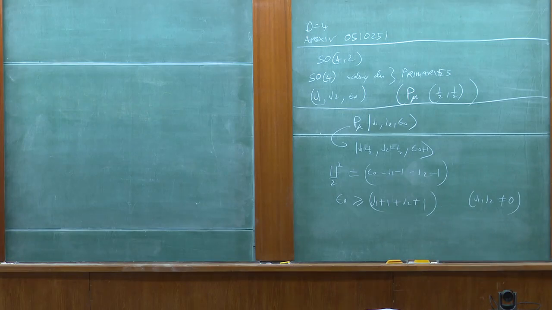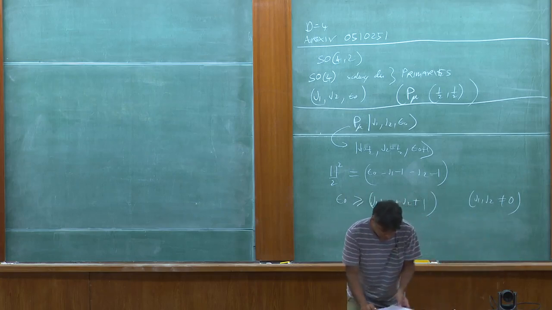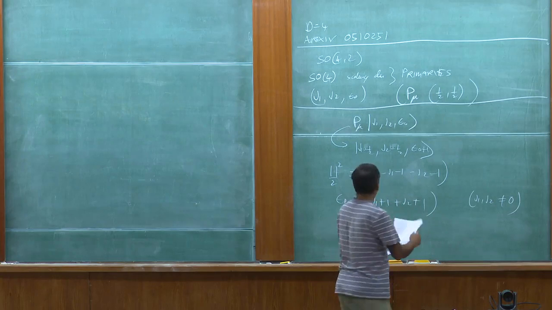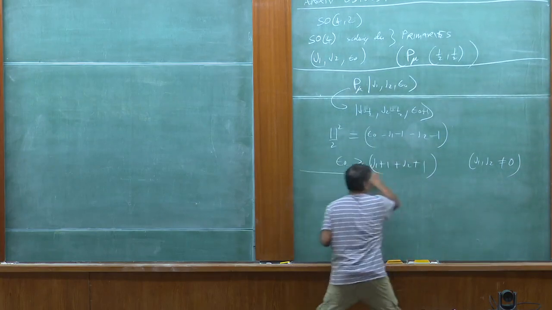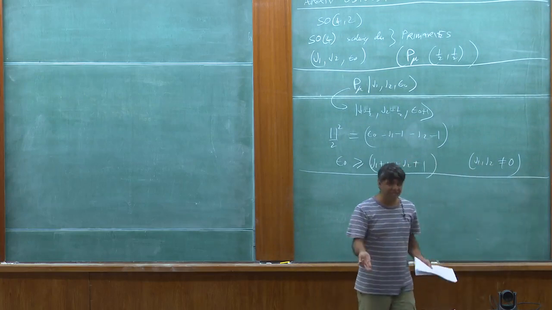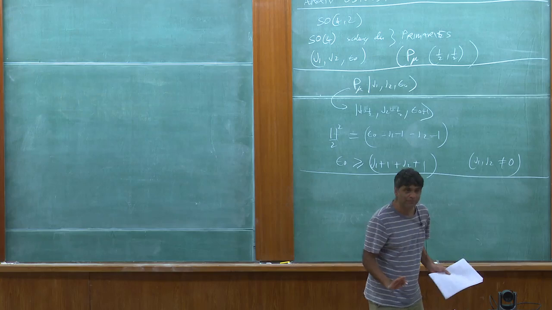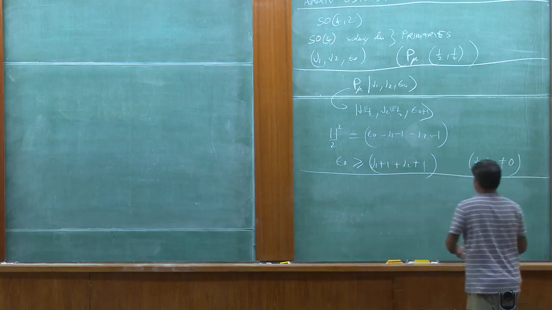Is this clear? Now if you work out the same calculation for J1, either J1 or J2 or both equal to 0 at level 1, you have to do the calculation differently.